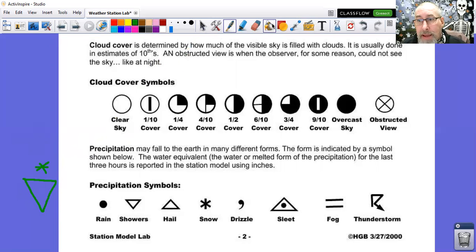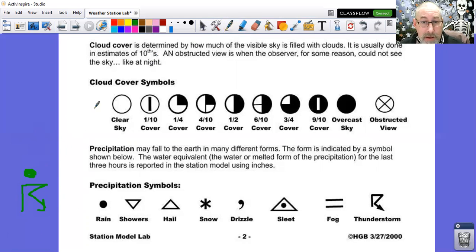We can combine the types of precipitation with our thunderstorm, because sometimes we just see the lightning and hear the sound, and in the summertime we call that summer heat as a thunderstorm. But what happens when the thunderstorm is where we're at and it's raining? Well, the symbol would be the thunderstorm with rain above it.